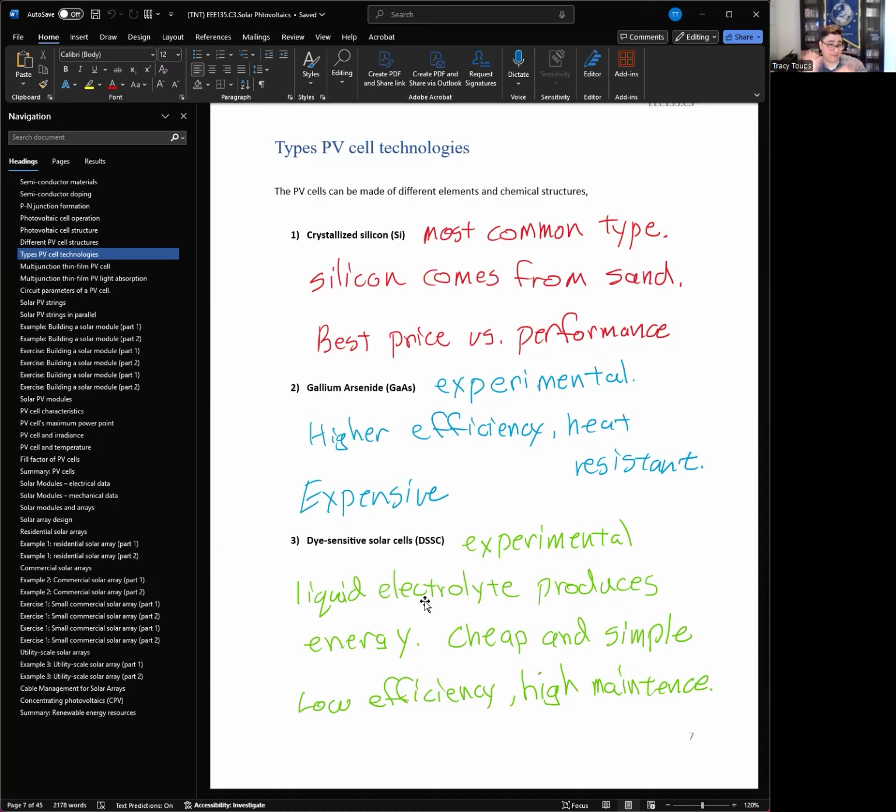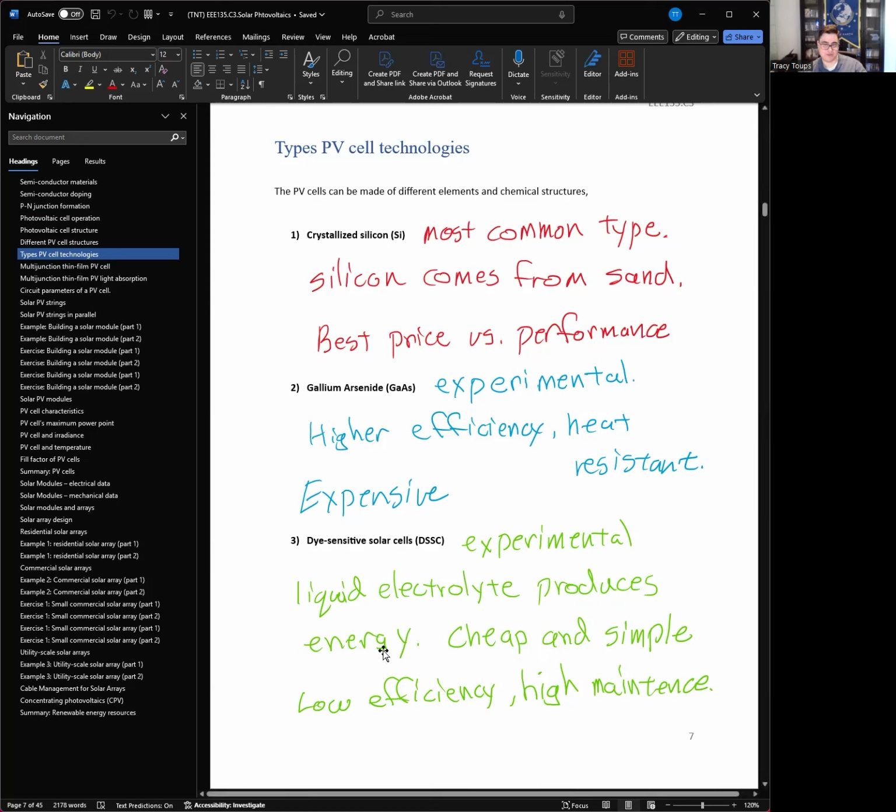Some of the molecules have extra electrons. So it's just like water flowing around where the sunlight hits it and knocks electrons out. Obviously, the water and whatever you put in is pretty cheap, right? It's very simple in that you just fill a glass tank with water and you put this special liquid electrolyte and there you have your solar panel.